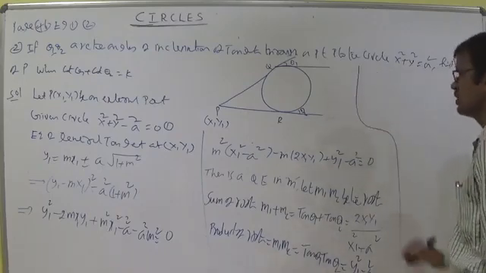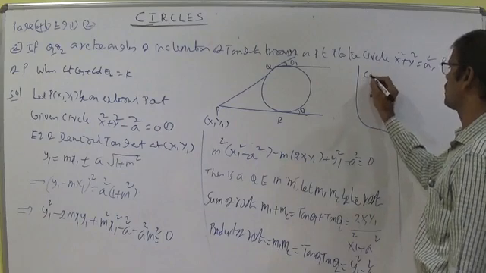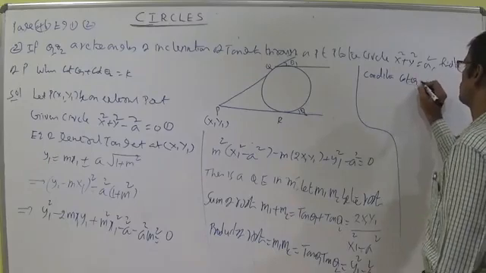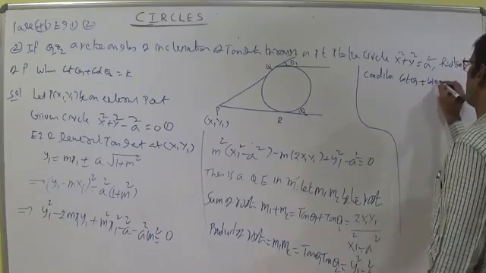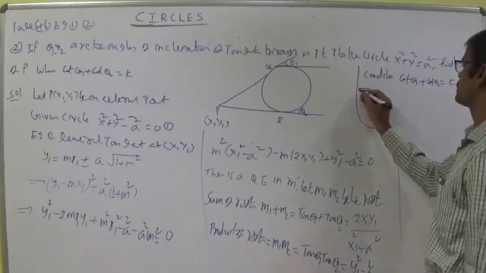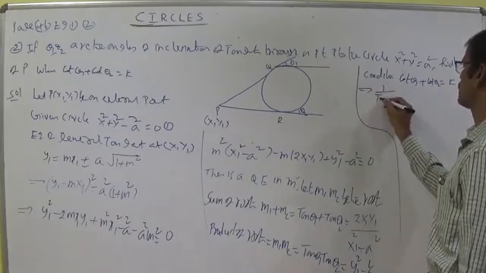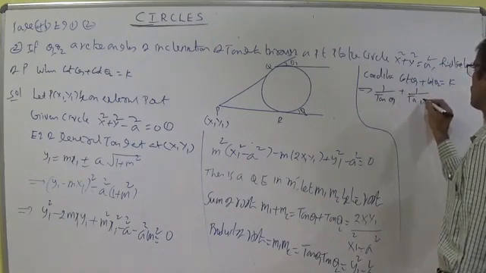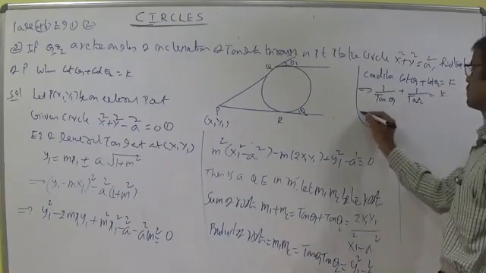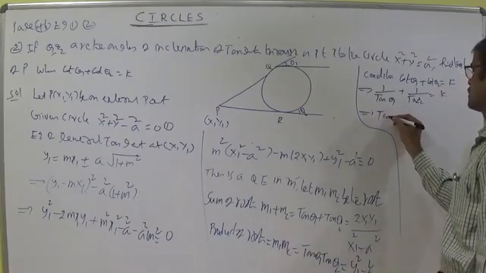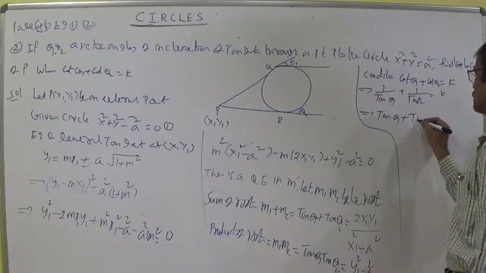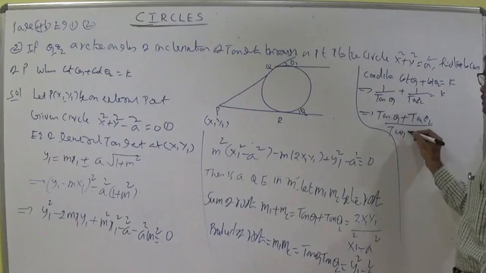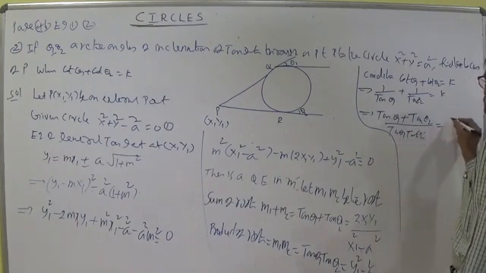Now the condition is cot theta 1 plus cot theta 2 is equal to k. This can be written as 1 by tan theta 1 plus 1 by tan theta 2 is equal to k. Taking LCM, tan theta 1 plus tan theta 2 whole by tan theta 1 into tan theta 2 is equal to k.